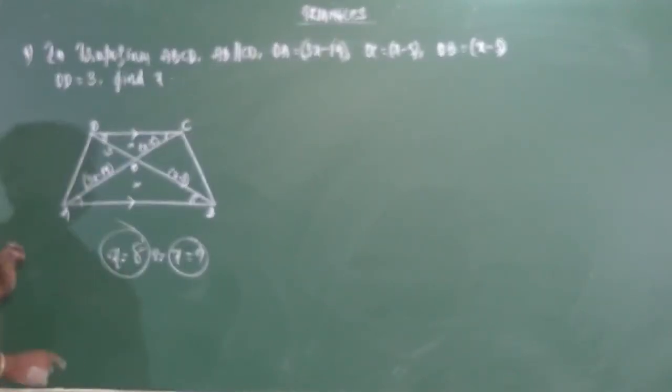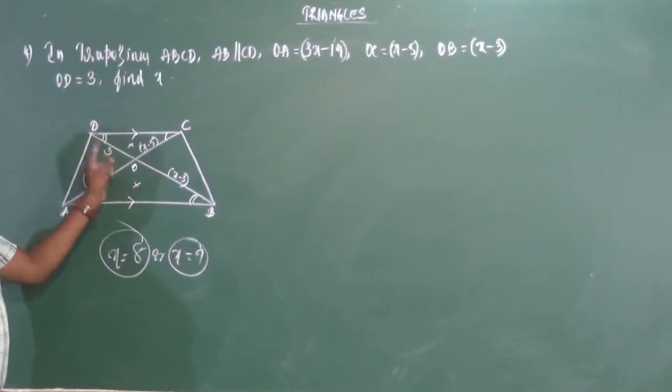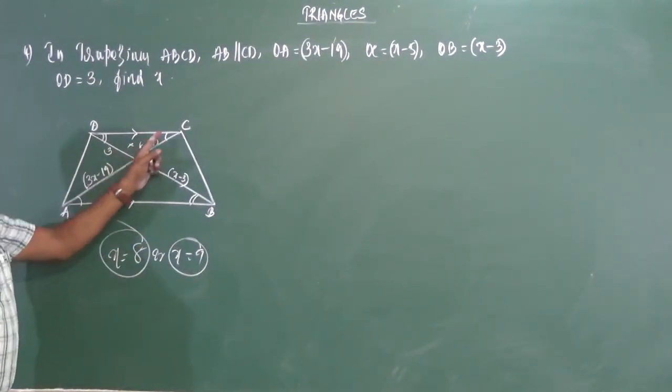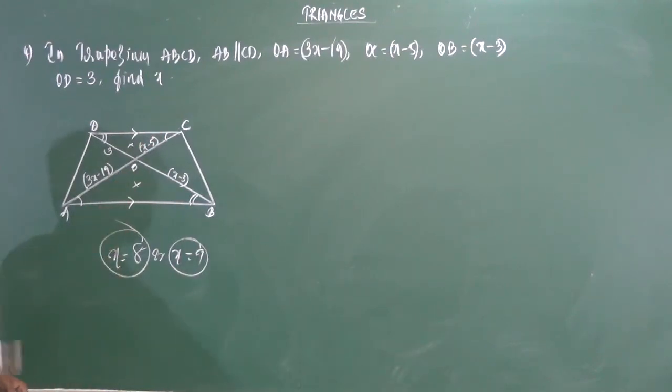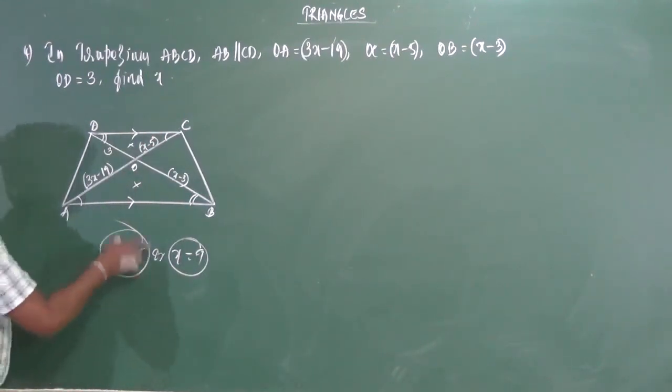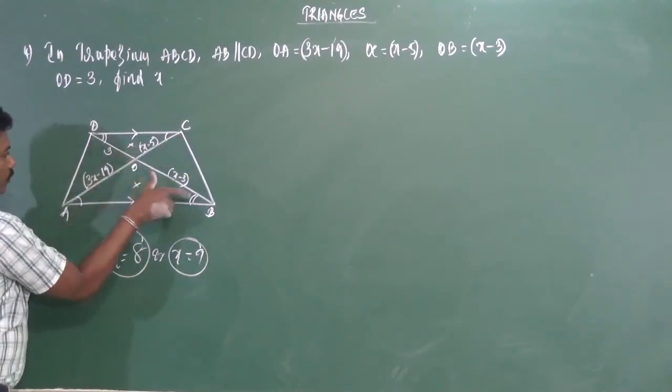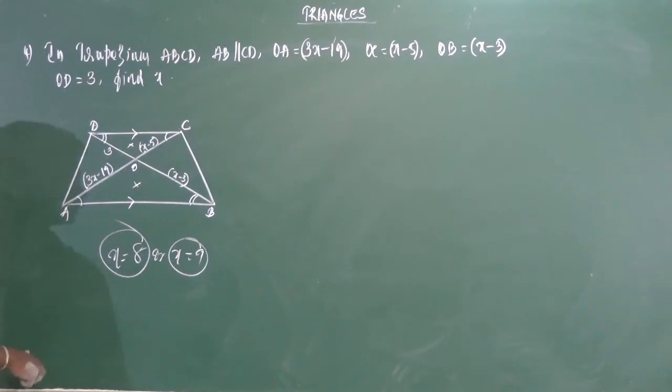Hence triangles AOB and DOC are equiangular, and hence similar. After that, take the corresponding sides: AB by DC is equal to OA by OC is equal to OB by OD.